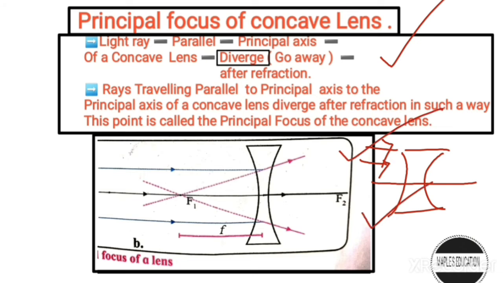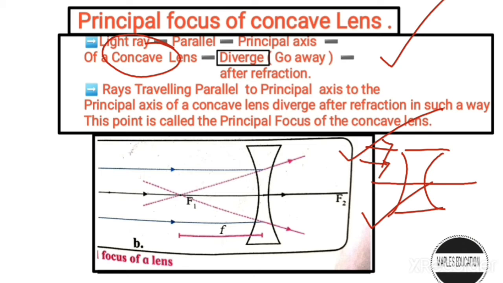Now when these light rays fall on my concave lens, remember students, this is concave, not convex. When the light ray is parallel to my principal axis and is incident on my concave lens, what happens here? It doesn't come together, it goes away.